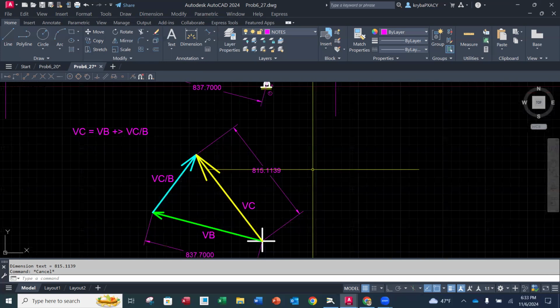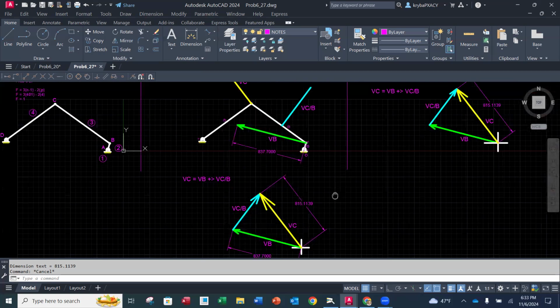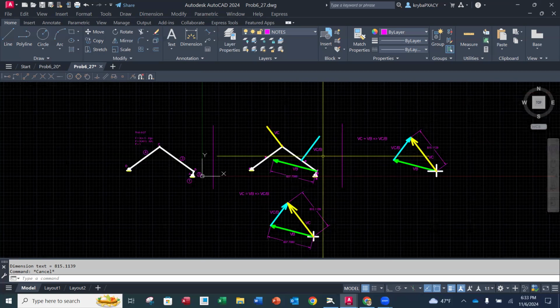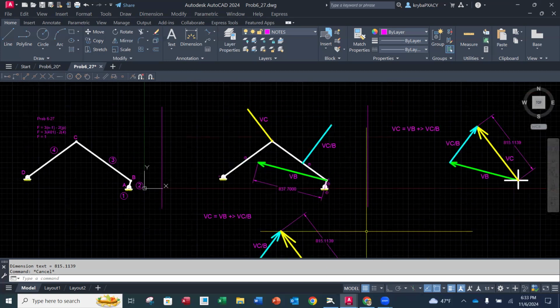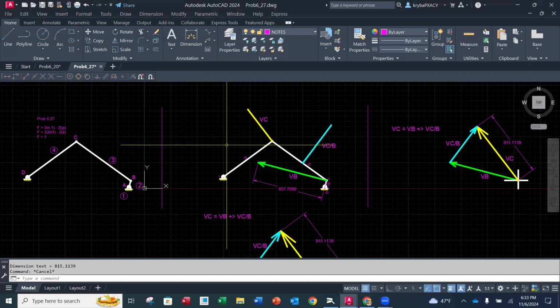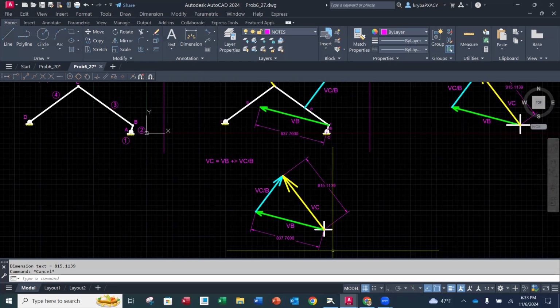So what you would have to hand in as far as the AutoCAD work is the middle part here. You need a vector diagram with your mobility equation, all of your labels, your velocities, whether they're lines of action or actual vectors, and then your vector equation labeled with the dimensions of the items that you need.